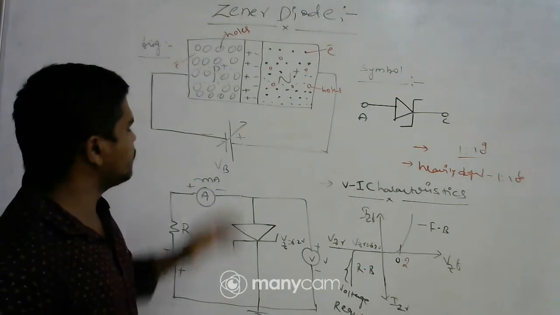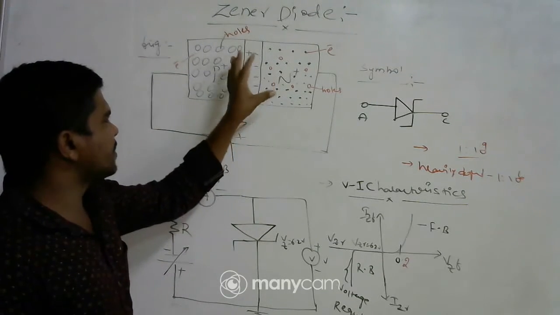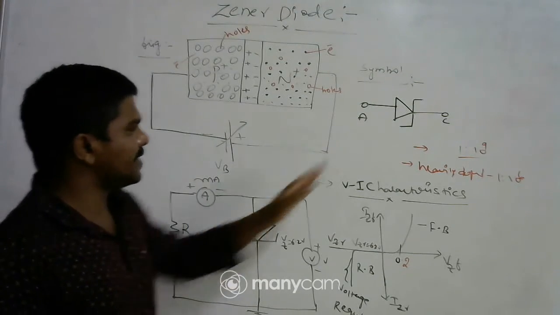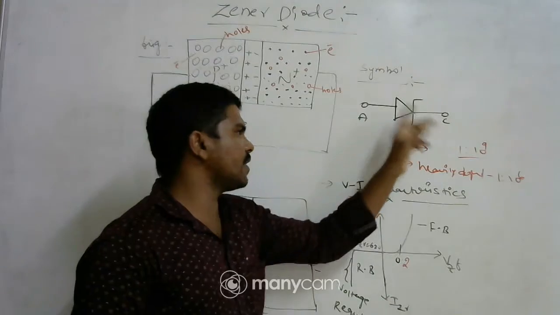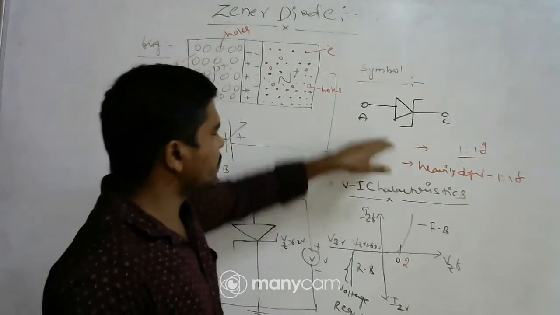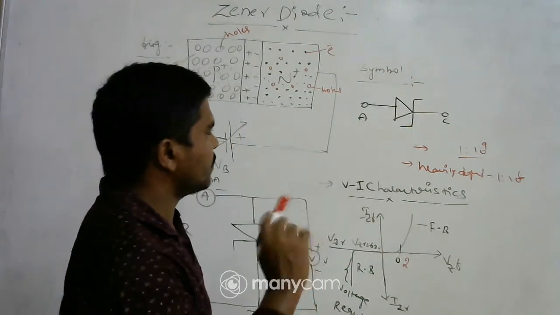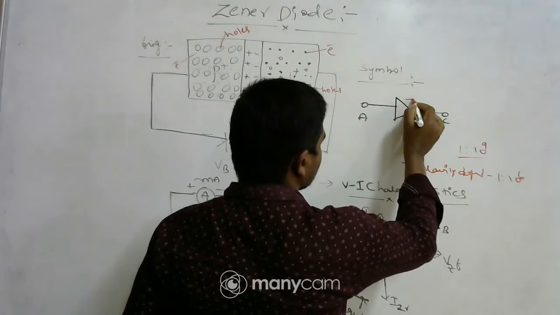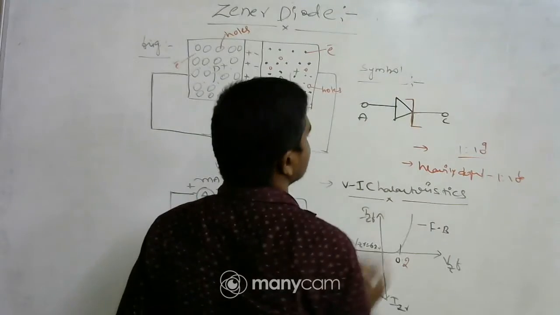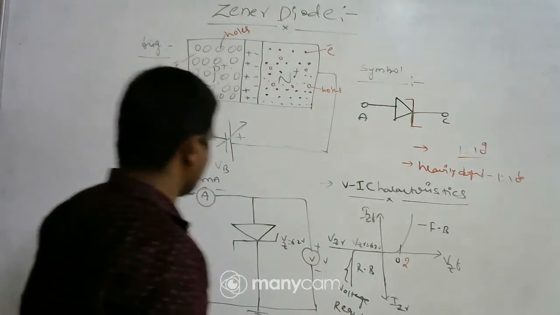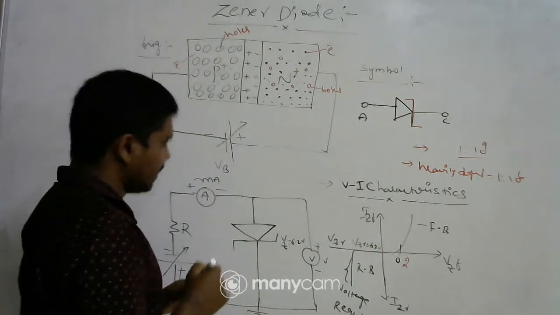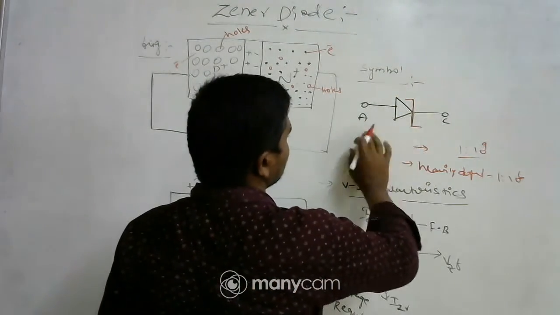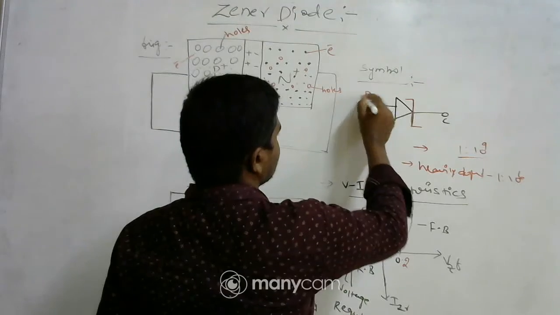This is the internal structure of the Zener diode, and this is its symbol, which has a Z shape. The Zener diode symbol has the same terminals, anode and cathode, on both sides, with a P region and an N region.